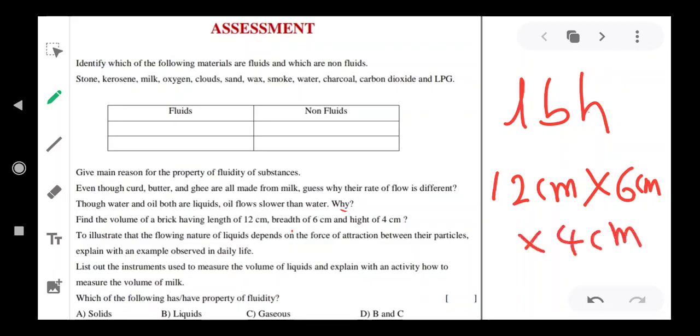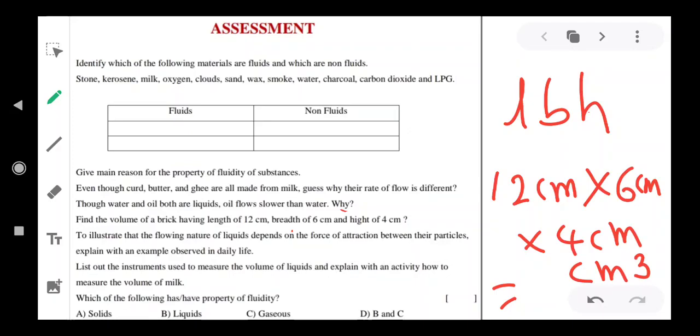So simply you have to multiply 12 into 6 into 4, then you get the answer. That is also in centimeter cube, because there are 3 centimeters: length, breadth and depth. So this answer will come in centimeter cube.